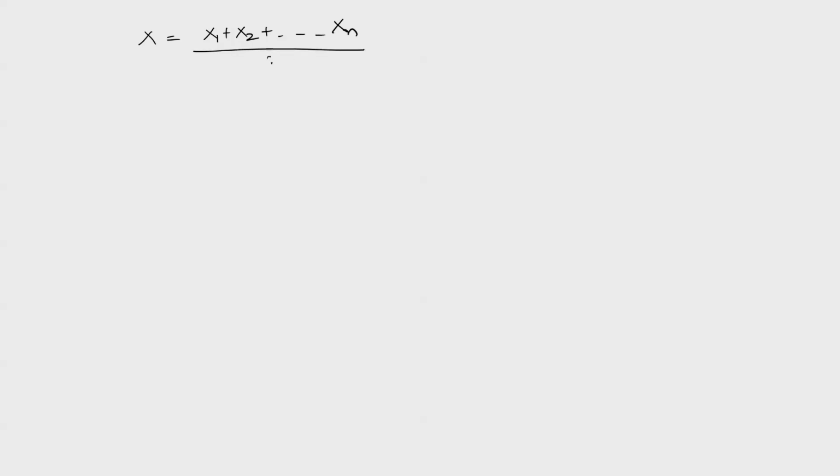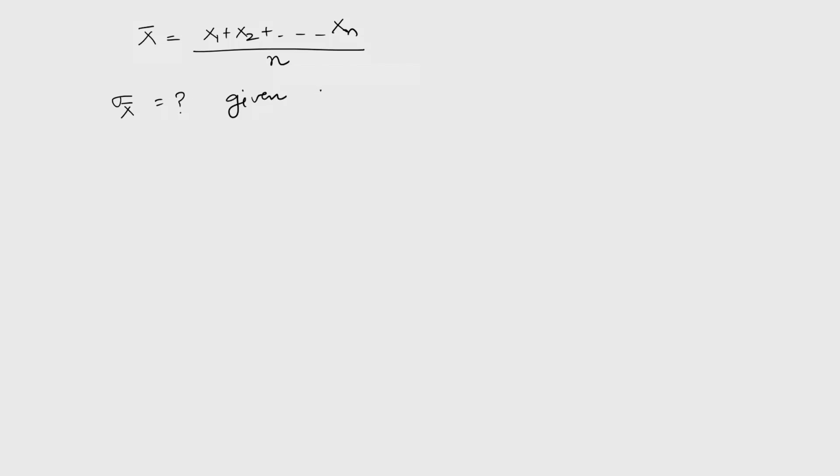Next example is, let us say I have a variable x and I am measuring it as x1, x2, and I am taking its mean, and this is the mean x bar, and I want to find out what is sigma x bar here.